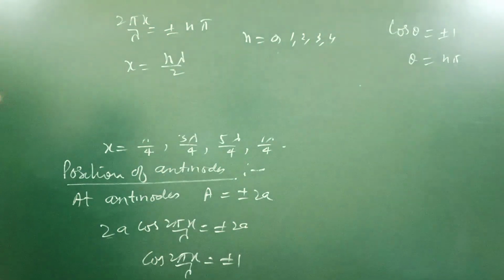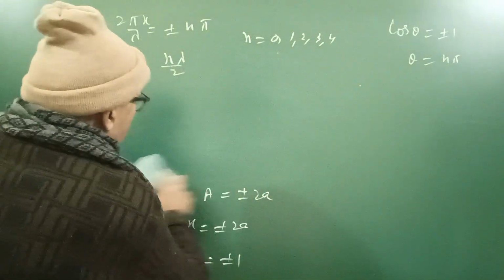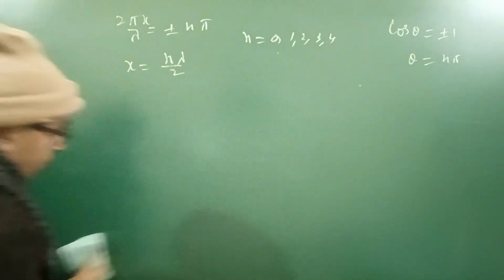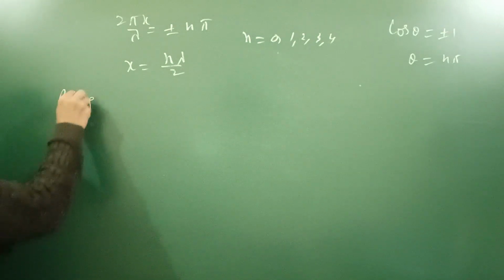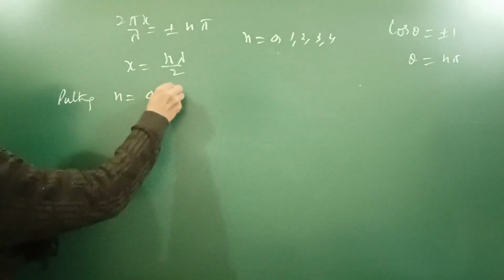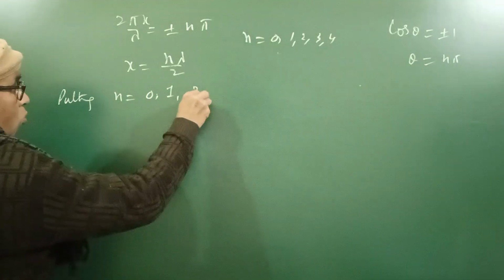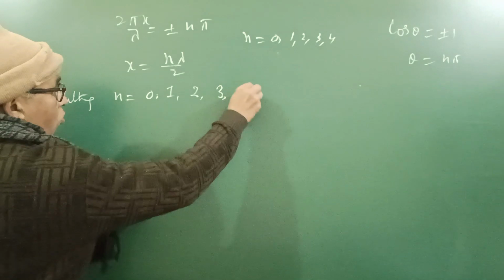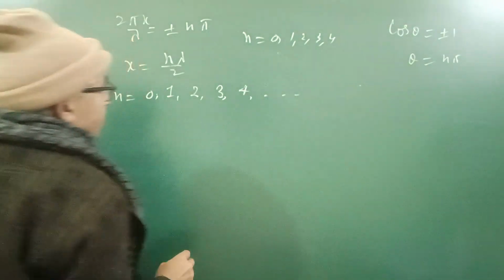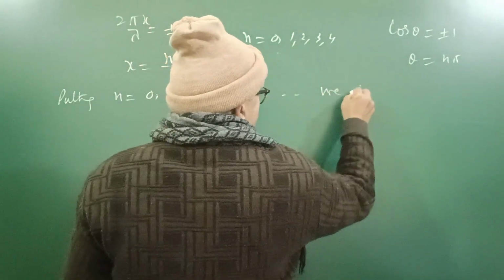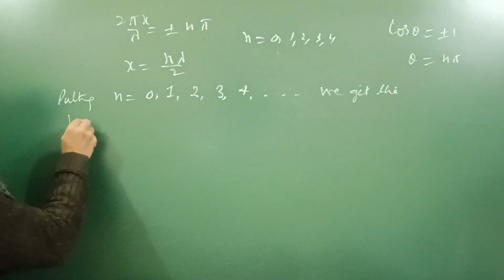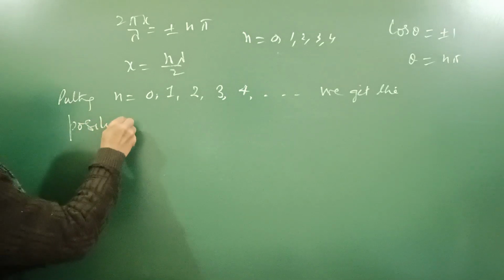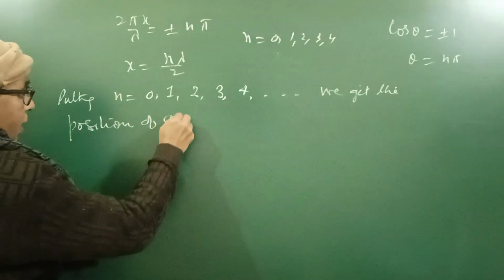Here n will be 0, because cos 0 is 1. So putting n equal to 0, 1, 2, 3, 4 and so on, we get the position of nodes and antinodes.